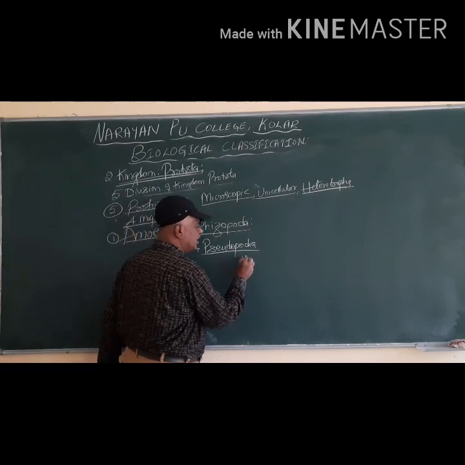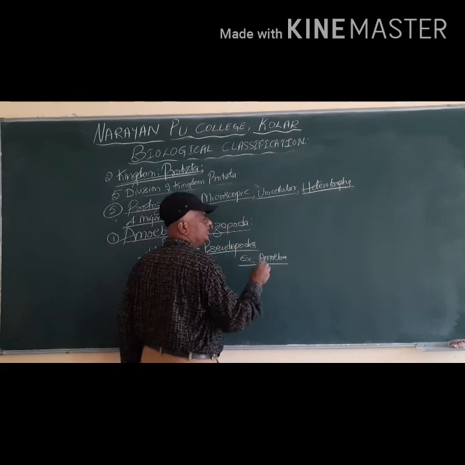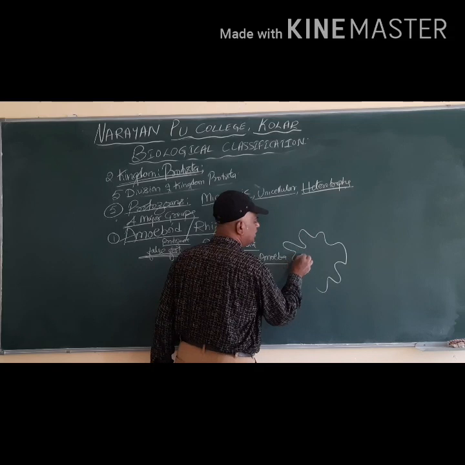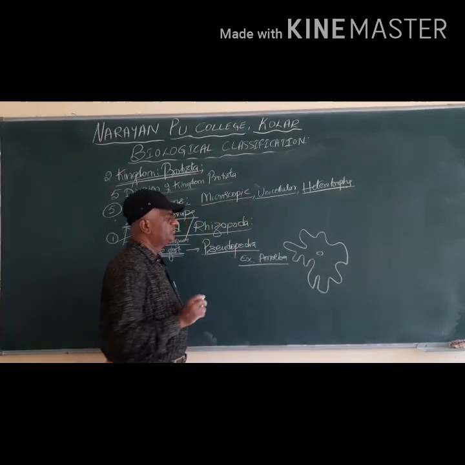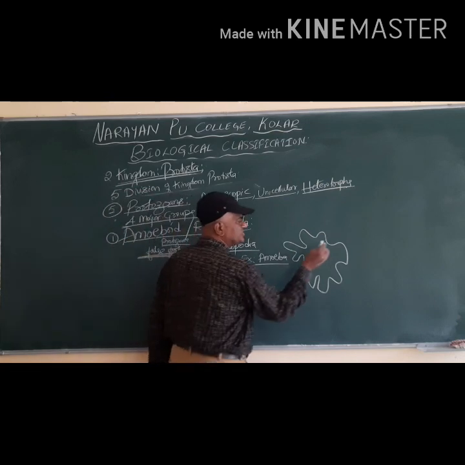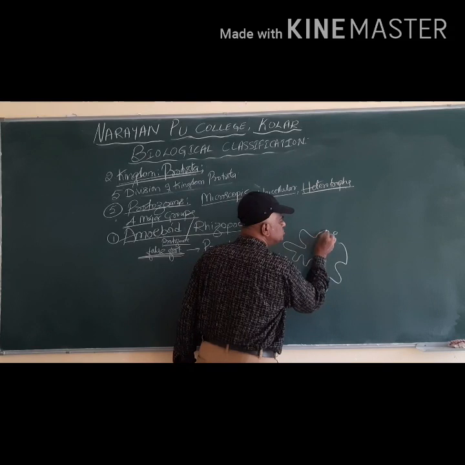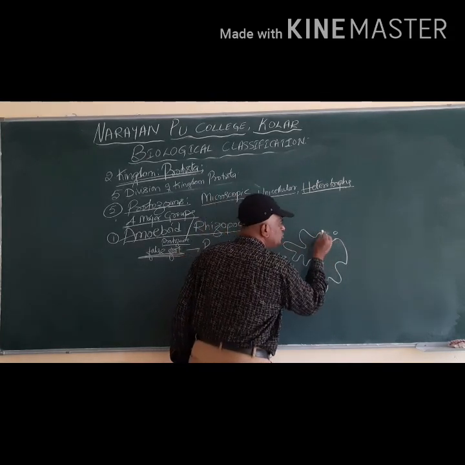Example: amoeba. Amoeba do not have a definite shape; we use the word irregular shaped organisms. Once the food is there, the amoeba moves towards the food and produces pseudopodia.